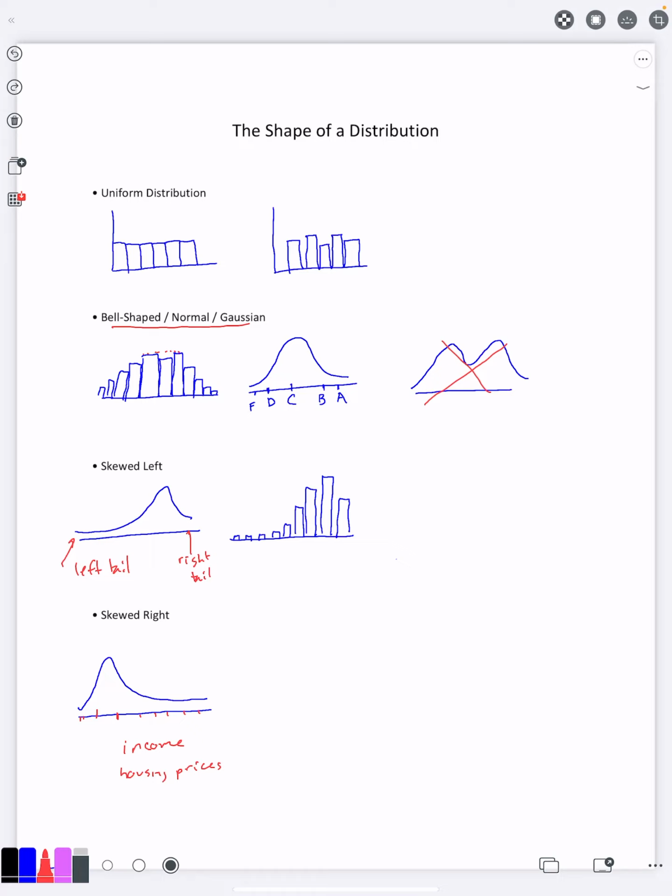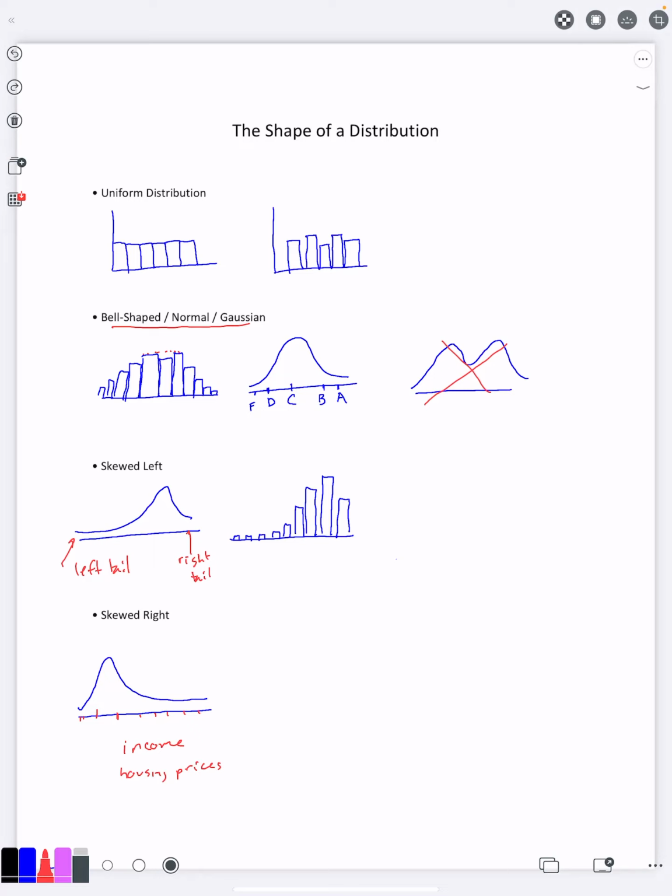Similarly for housing prices, most houses are in a certain range in a given area at least, but then there are going to be houses that are significantly more expensive. If you look at Southern California, you're going to have a very skewed right graph here because there are those houses, say in Malibu, that are just insanely expensive.